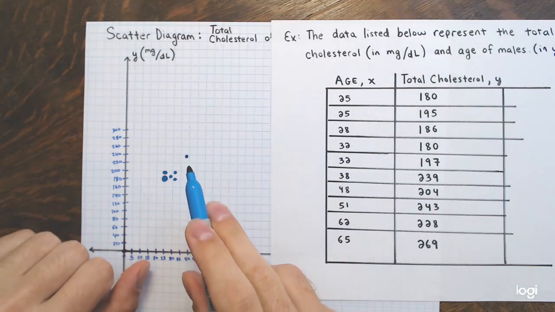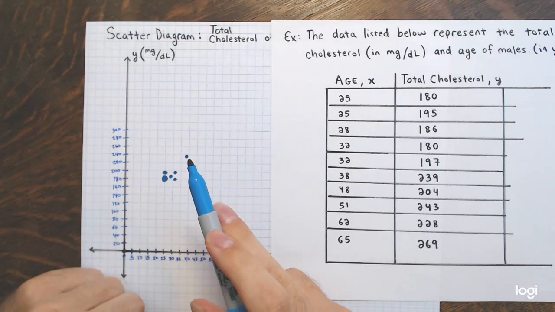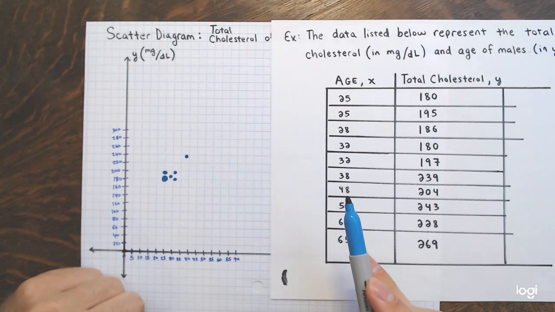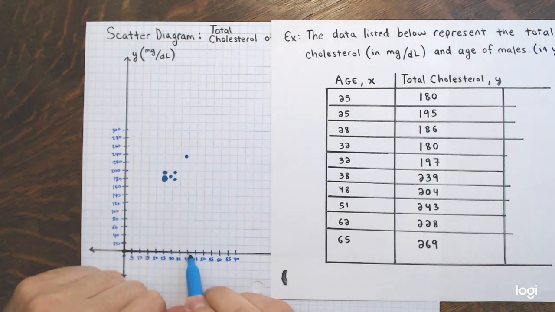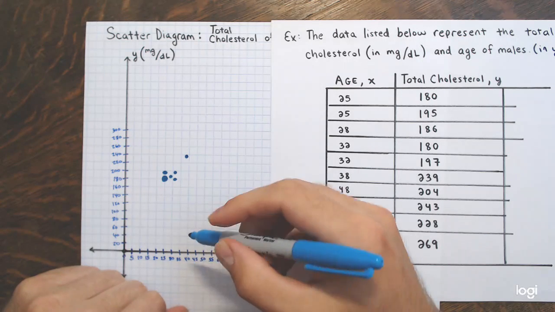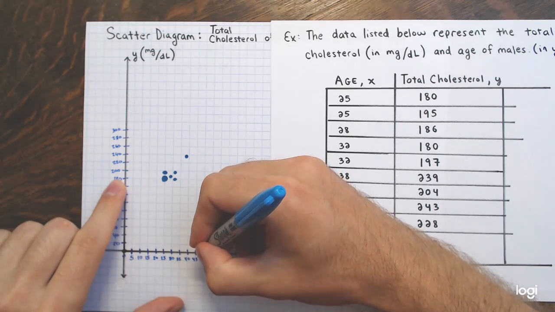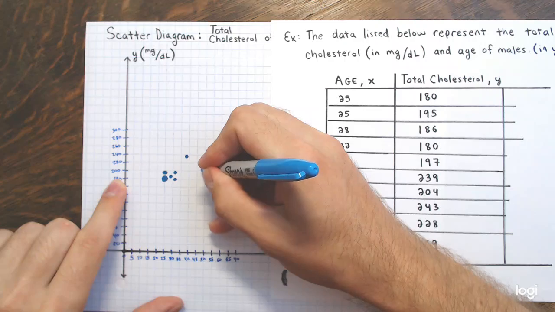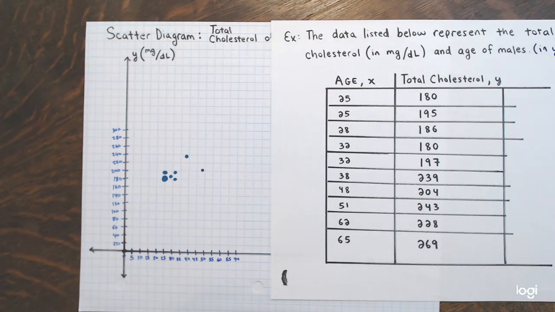And there's the 38, 240. 239, my apologies, 38, 239, just below 240. 48 years old, and then 204 for the cholesterol. So 48, closer to 50, and then 204, a little bit above 200. So maybe around here. All right, so we have 7 points up for 7 people.